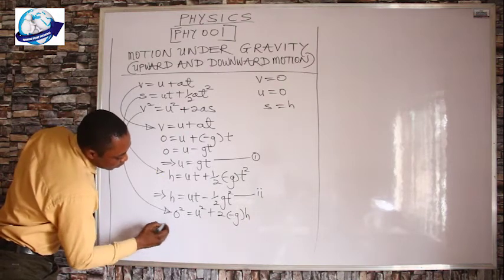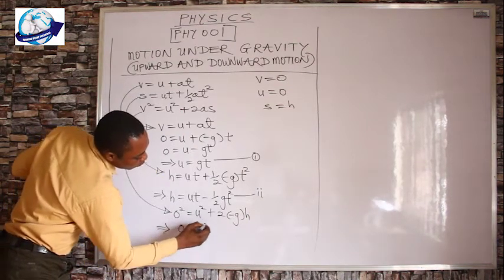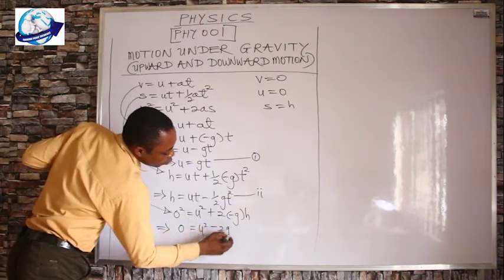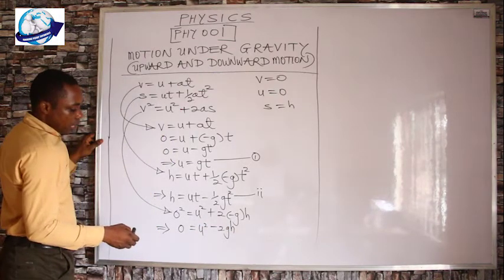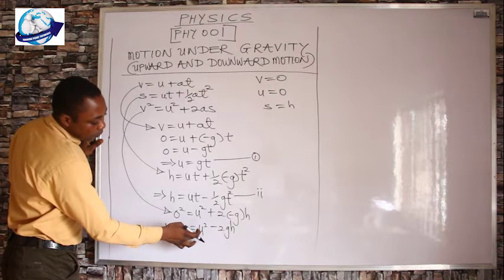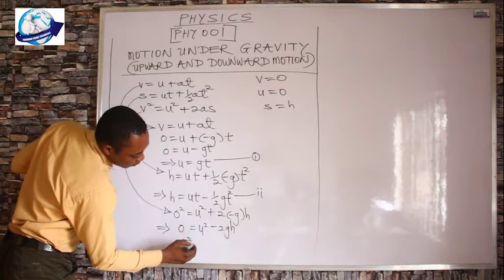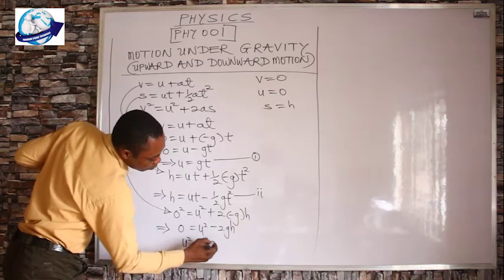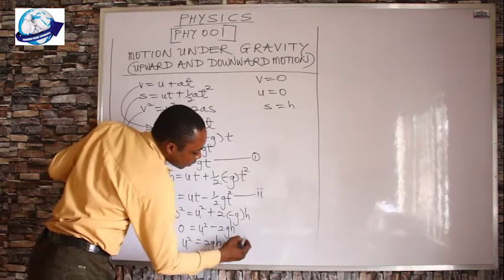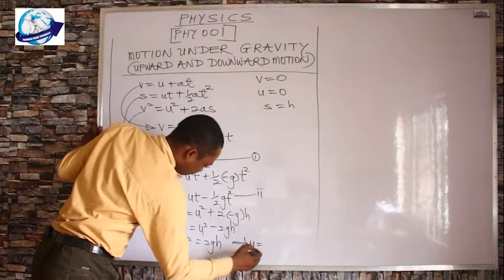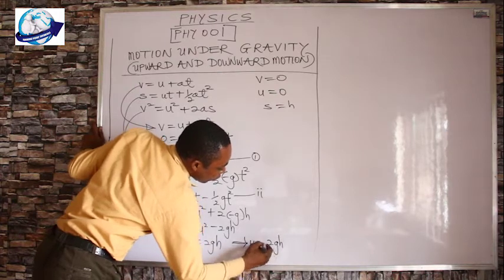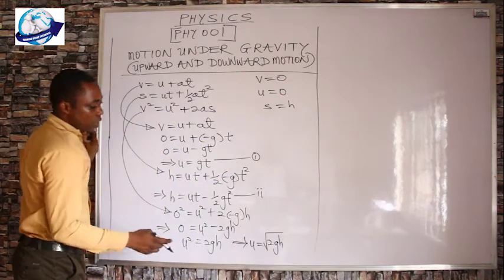It implies that 0 equals u squared minus 2gh. Making u the subject of the formula, we have u squared equals 2gh, so u is equal to the square root of 2gh.